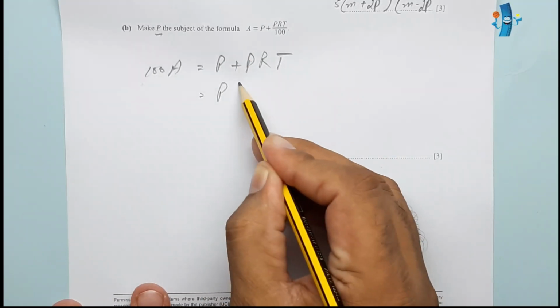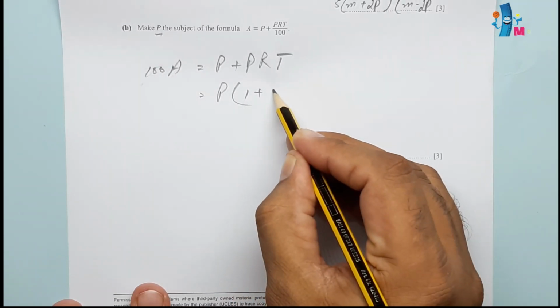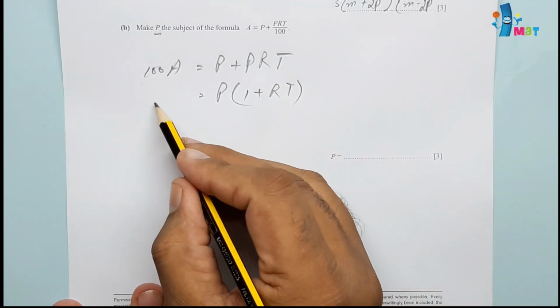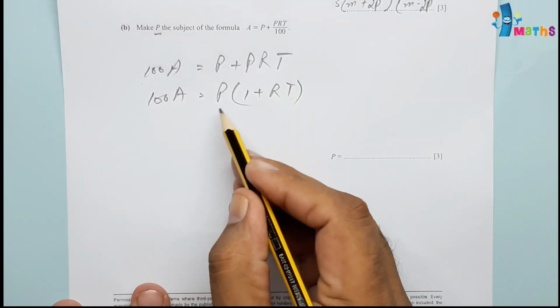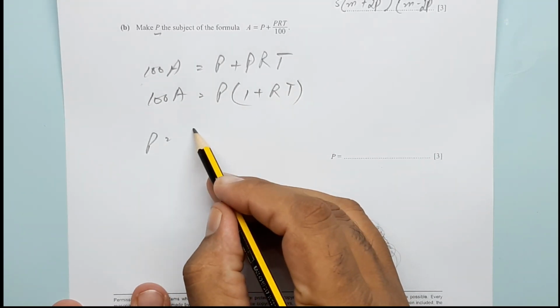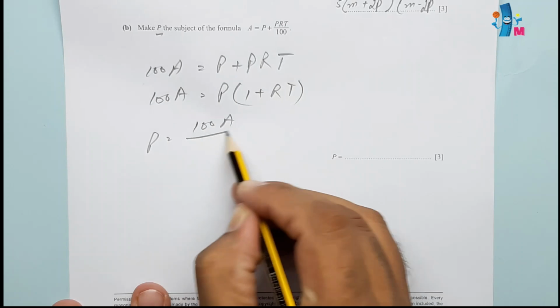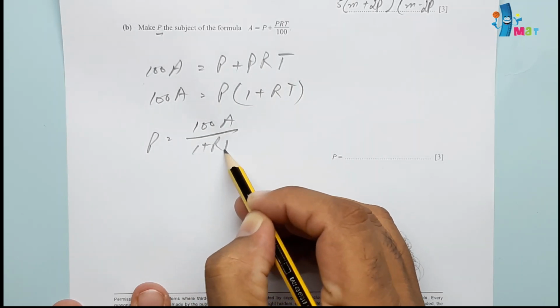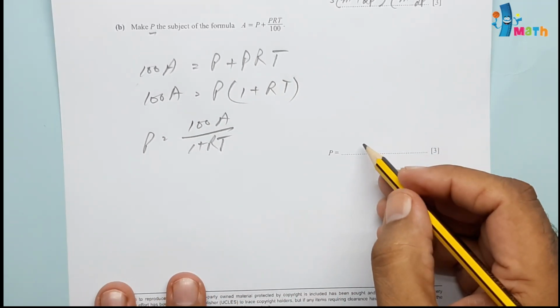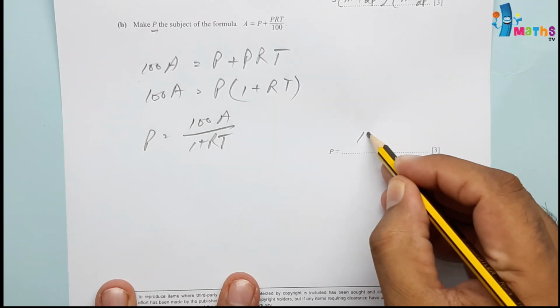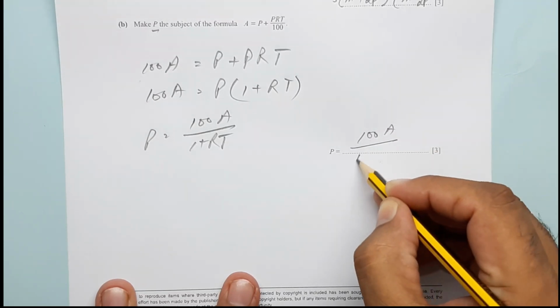Now we can take p common, so inside will be 1 plus rt, and this side will be 100a. So p will be equal to 100a over 1 plus rt. So the answer we can write here: p is equal to 100a over 1 plus rt.